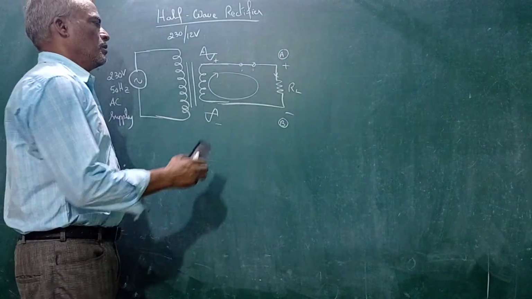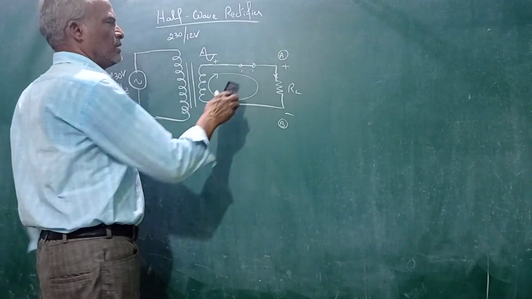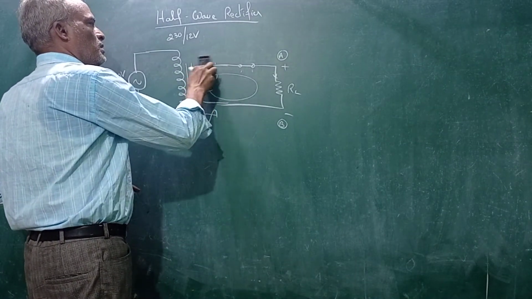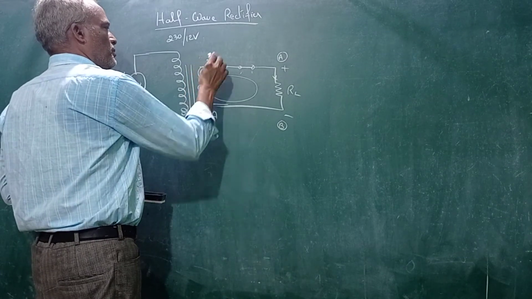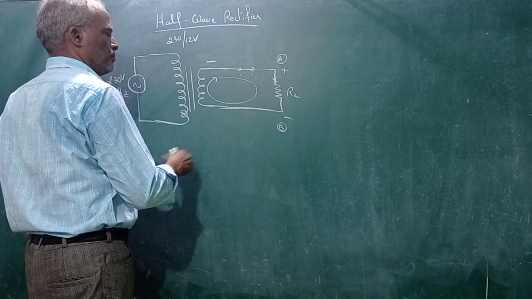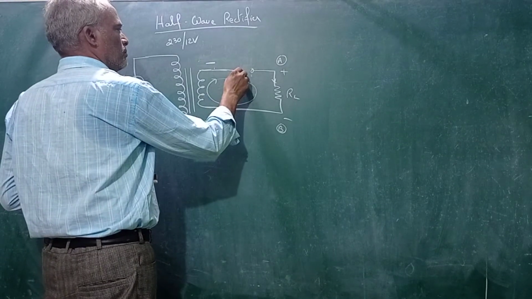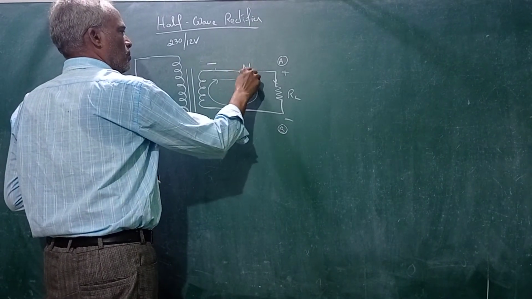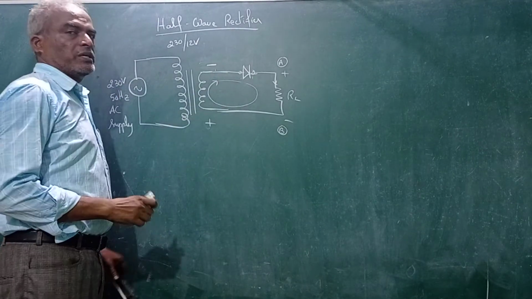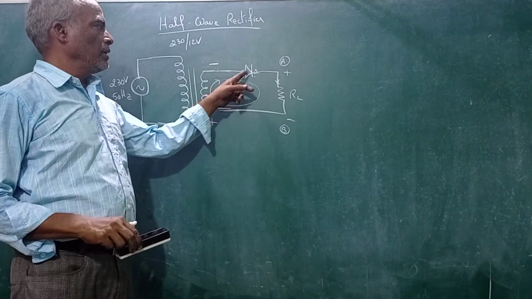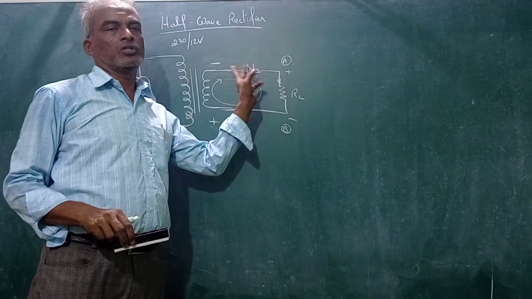Now we go for the second half cycle. In the second half cycle, this end becomes negative and this end becomes positive, and we already have a diode here. Now the diode is reverse biased. Why? Because the P-type material is connected to negative and the N-type material is connected to positive.